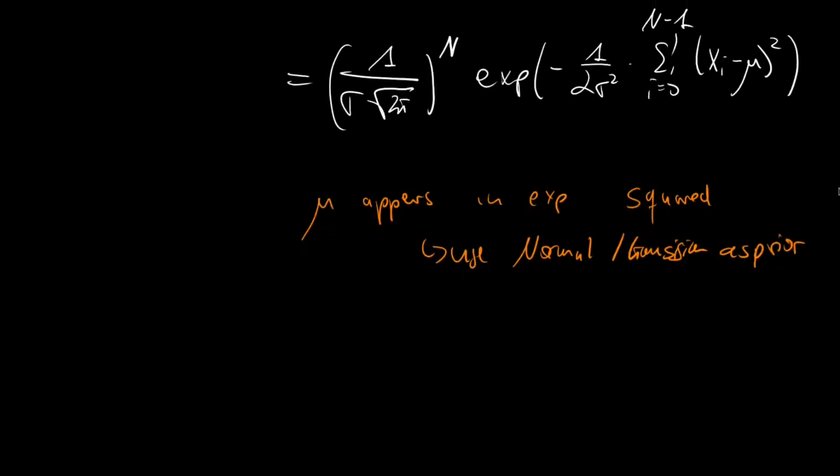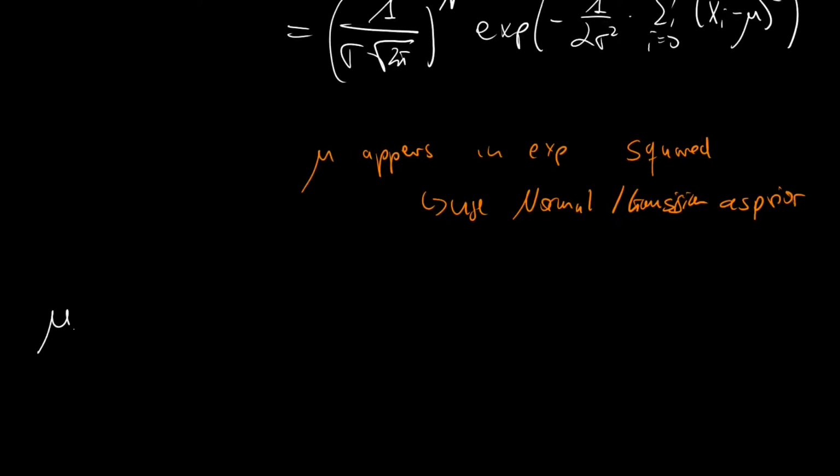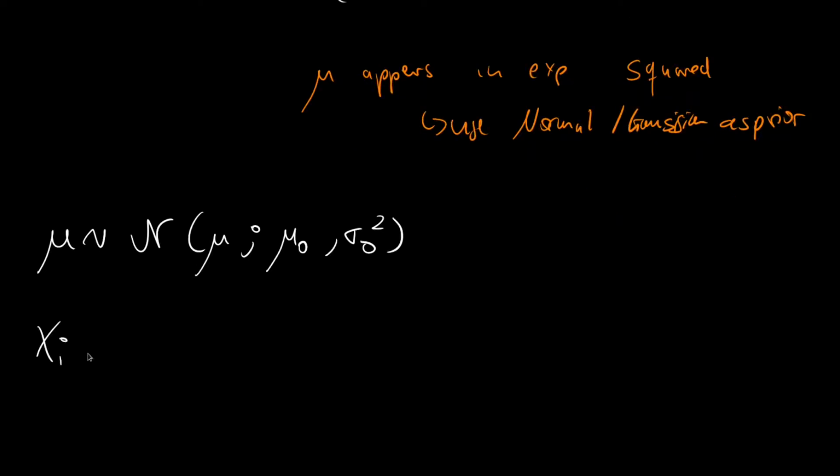Okay, then let's put this in, and we have mu is distributed according to a normal over mu under the parameters mu0 and sigma 0 squared. And our xi is distributed according to a normal over xi with a latent mu and a deterministic sigma squared, so the standard deviation a teacher was expecting.